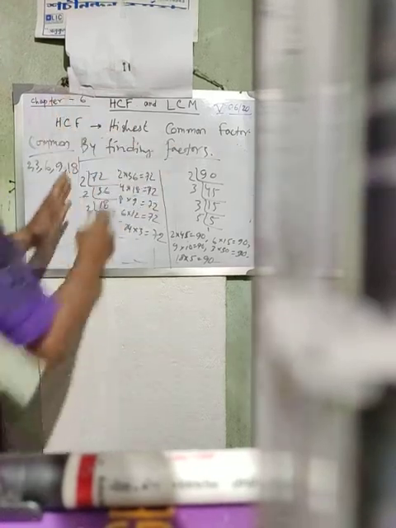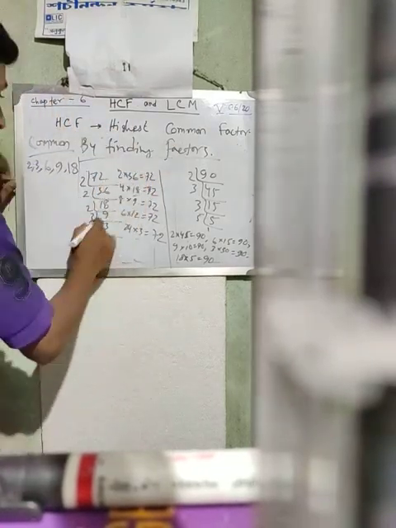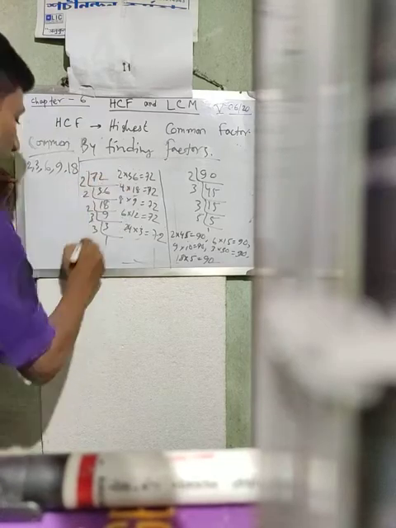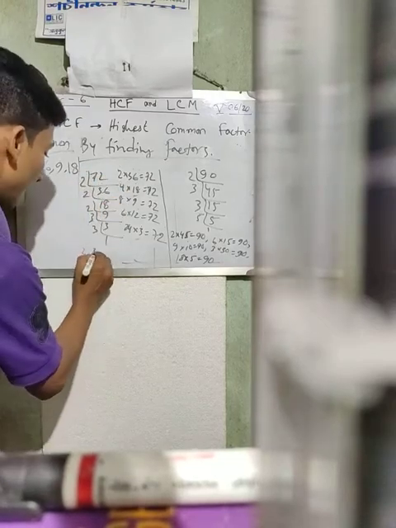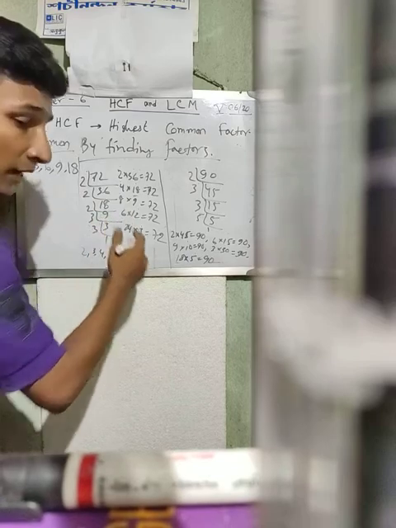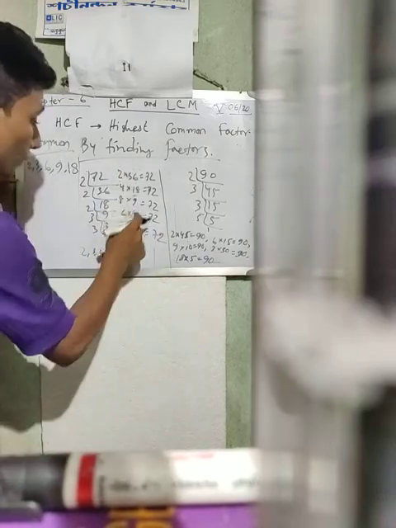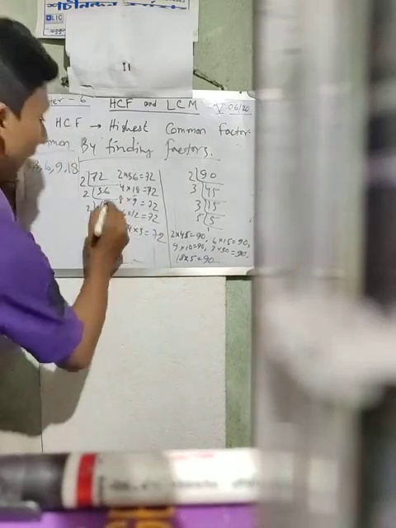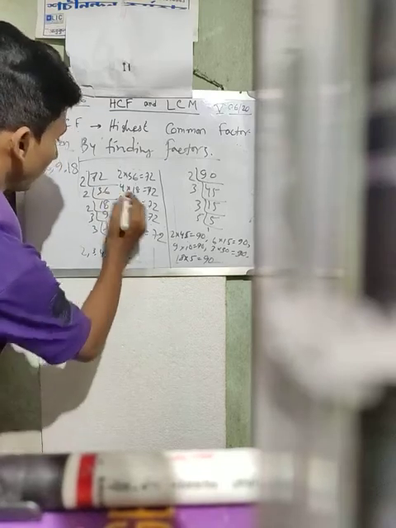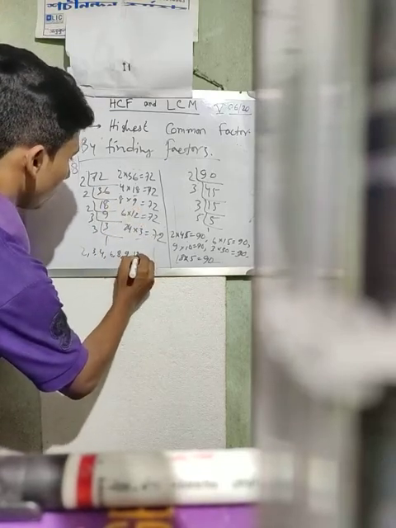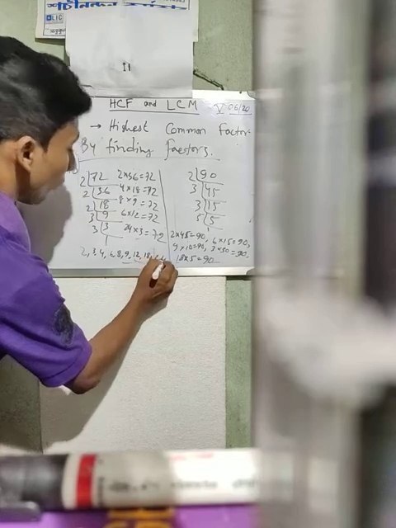Here we find the factors. The factors of 72, I am writing in ascending order: 2, 3, 4, 6, 8, 9, 12, 18, 24.